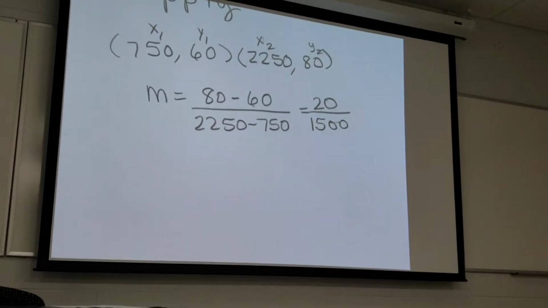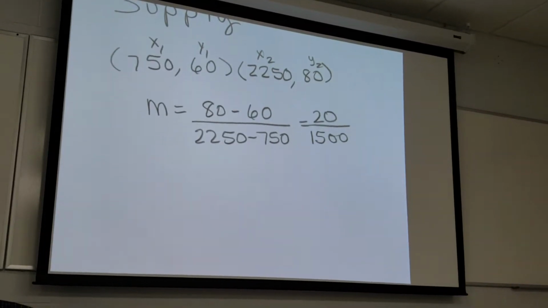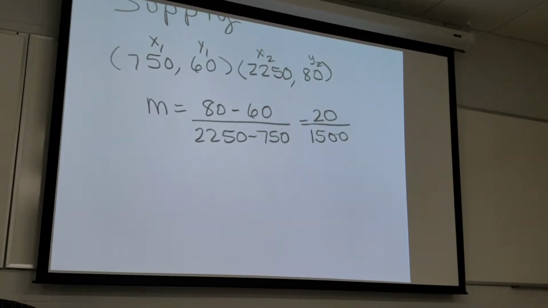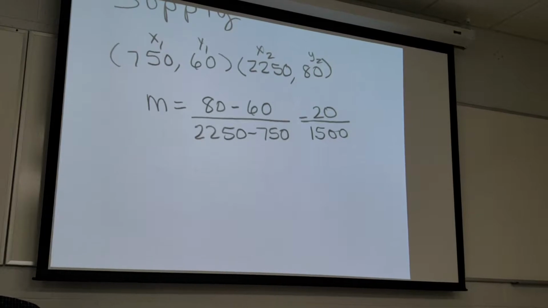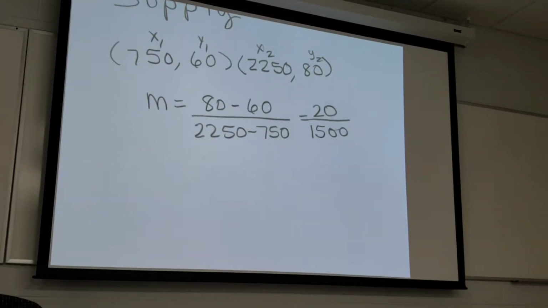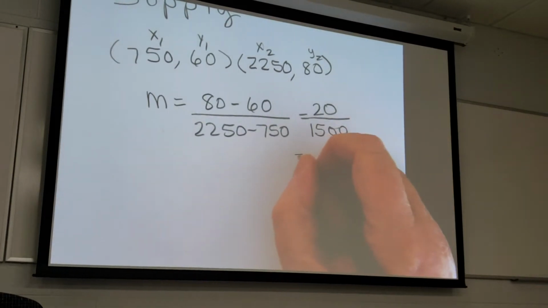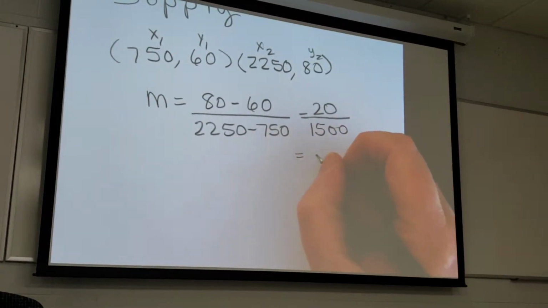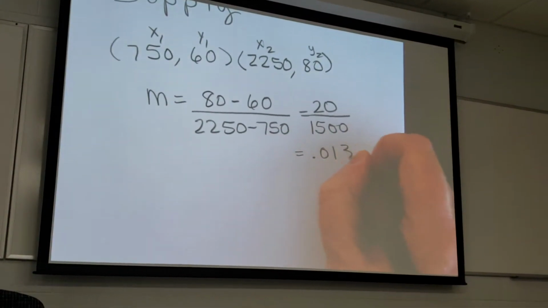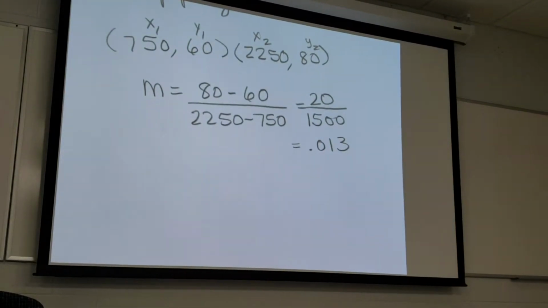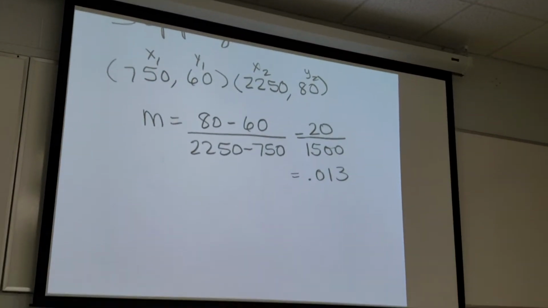Oh, man. I have to round this. Right. We are gonna round this to 0.013. It's a repeating decimal of 3.